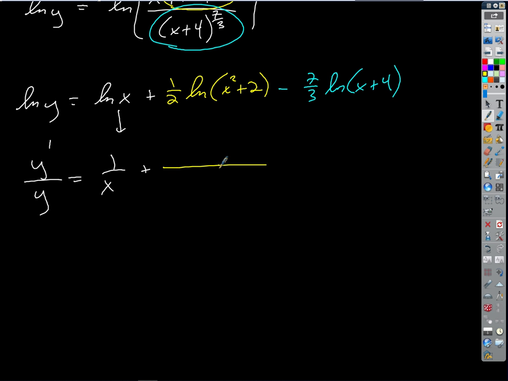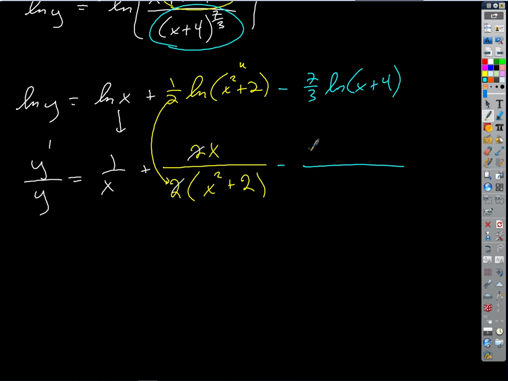There's my u, so I get u prime, 2x, over u, but I've got this 1/2, so I'm going to put the 2 on the bottom: x squared plus 2. I could cancel those, right? They're factors. 2 is a factor of the bottom, and 2 is a factor of the top, so I can cancel them.